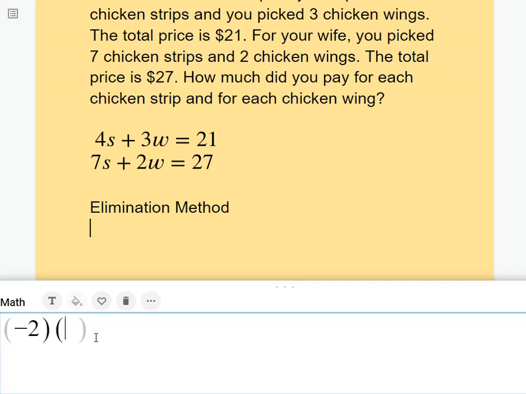That will give us -8S. We'll put the whole equation in there, that way we do it orderly, and people can understand what is going on. So that's -8S minus 6W equals -42.